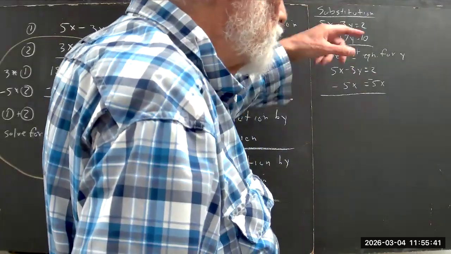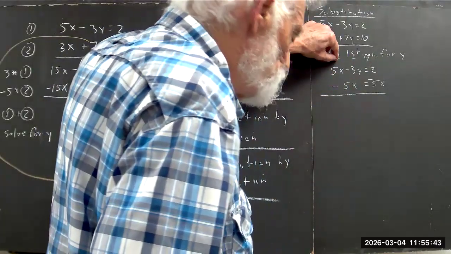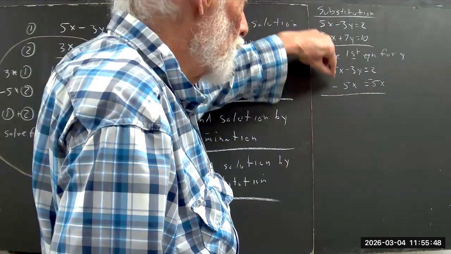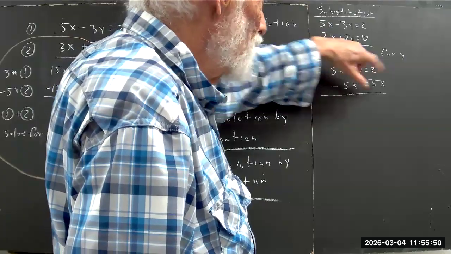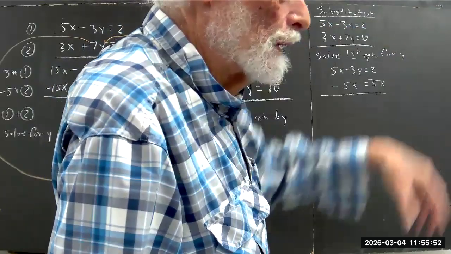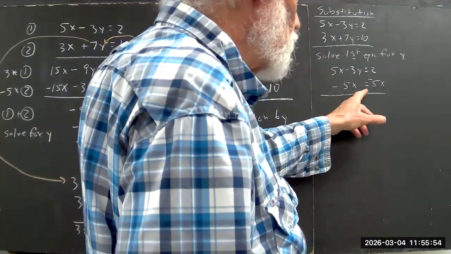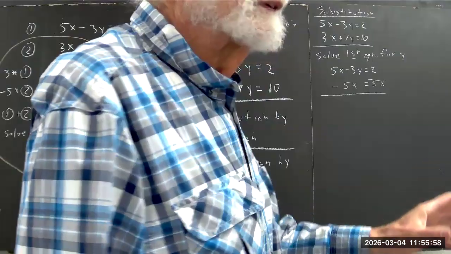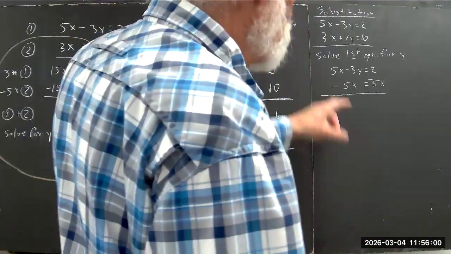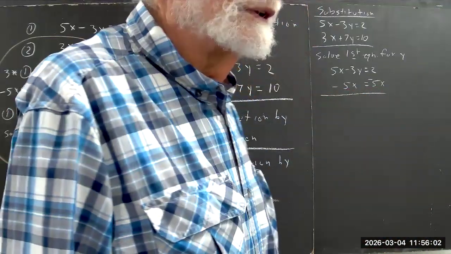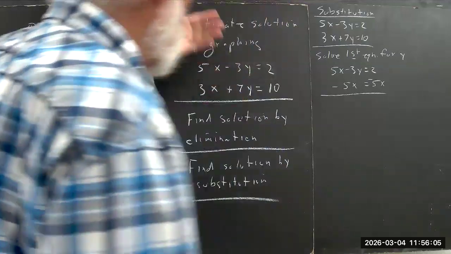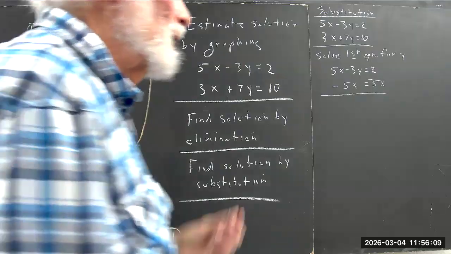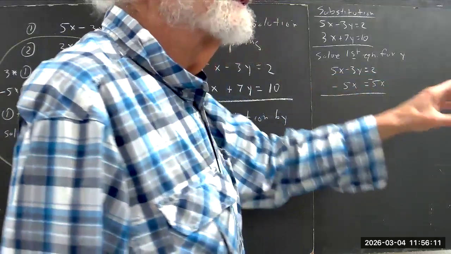Now, if you're seeing this, a lot of times you're just taught to write a negative 5x under the 5x, and then a negative 5x somewhere on the other side, and you're not necessarily taught to write an equal sign. I respectfully disagree. You're adding an equation to an equation, and that's exactly what we do when we do elimination. So I've been telling you all along, you add equations to equations.